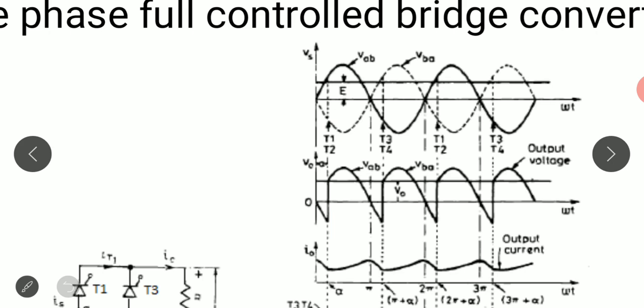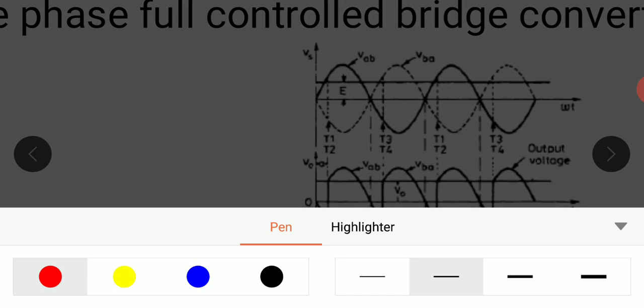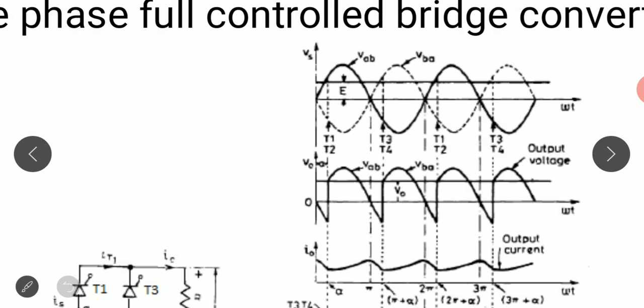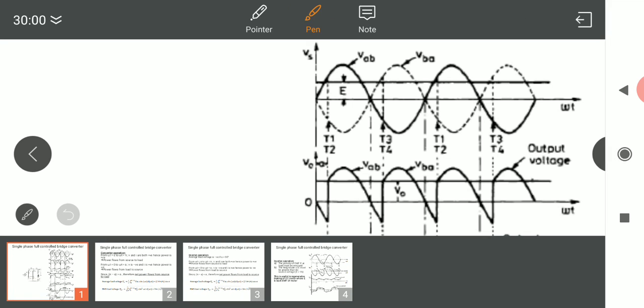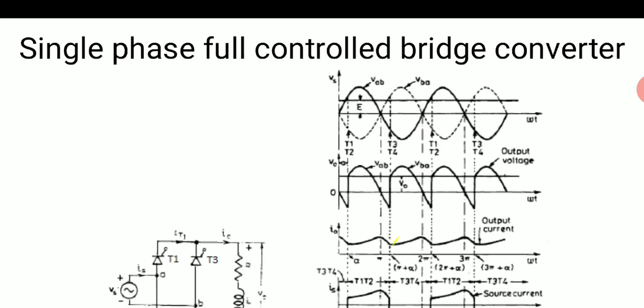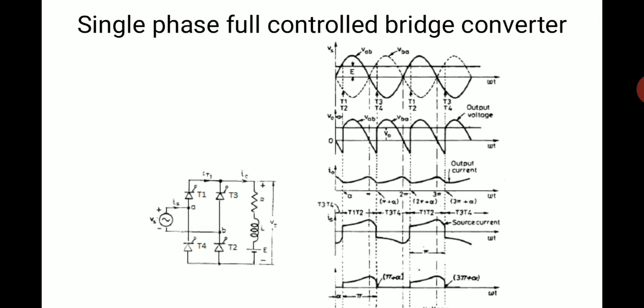As soon as we have triggered thyristor T1 and T2, the thyristor T1 and T2 will start conducting. And you can see that when T1 and T2 are conducting, what will happen?